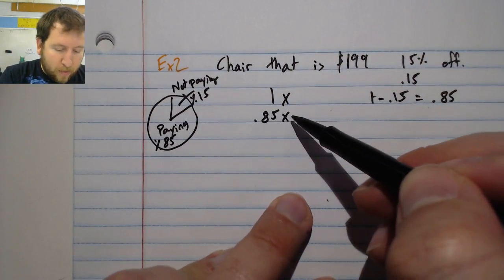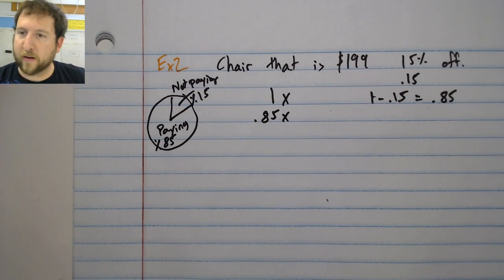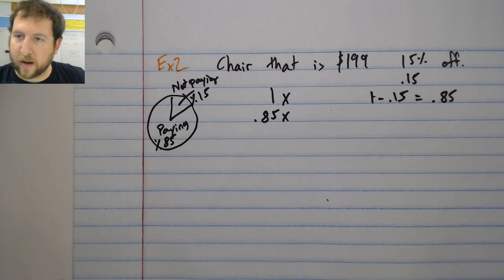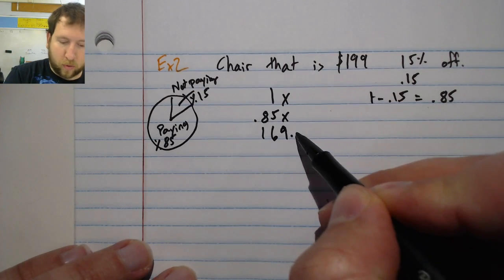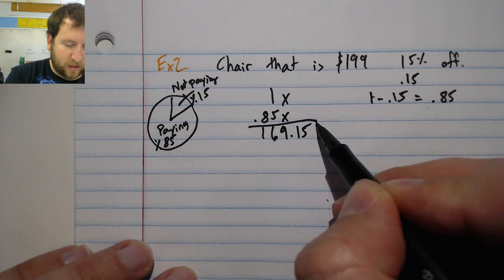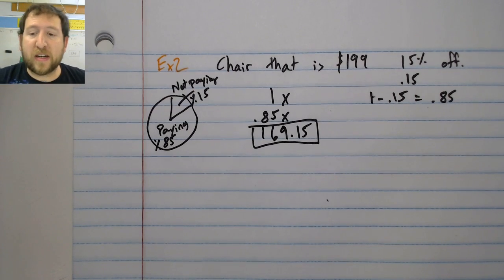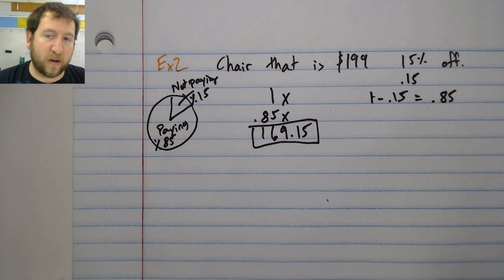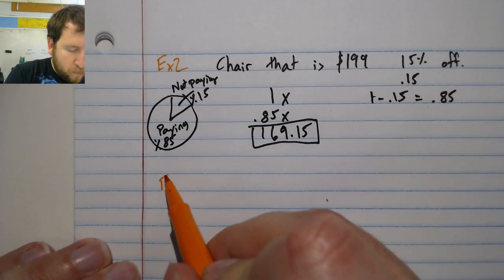I can just put in 0.85 times 199 right into my calculator to see what I've got. 0.85 times 199 gives me 169.15. And it's going to give me the total like that, much easier than doing the additional steps. I find that it's also easier to do this in my head. Okay, let's do one more.